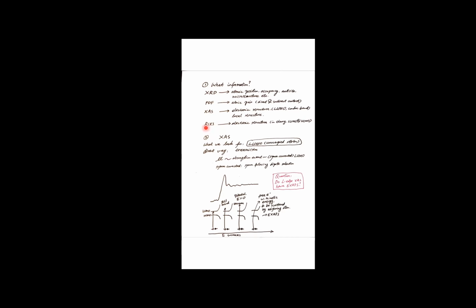R stands for resonant. So we can ask ourselves the question, why does resonant need to be mentioned here, right? What's so special about using resonant energy? Resonant means that the incoming energy is close to the edge. For example, if it's close to the K edge, right, it will create the K edge resonance.